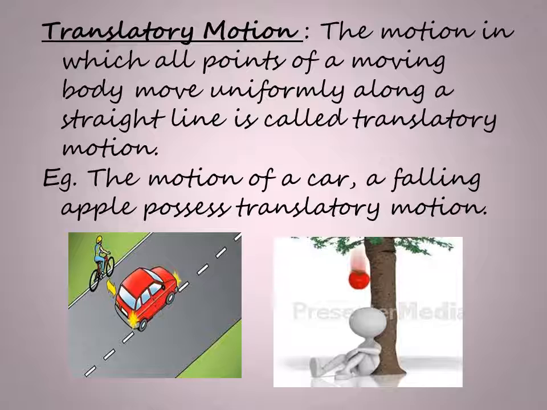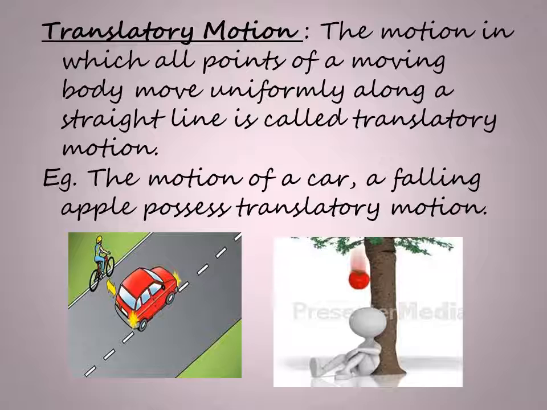Examples: the motion of a car. It moves in a straight line and it is uniform. Then cycling. A cyclist on a straight road moves with the same velocity, the same speed. That means it is in uniform motion, and in a straight line if the road is straight.